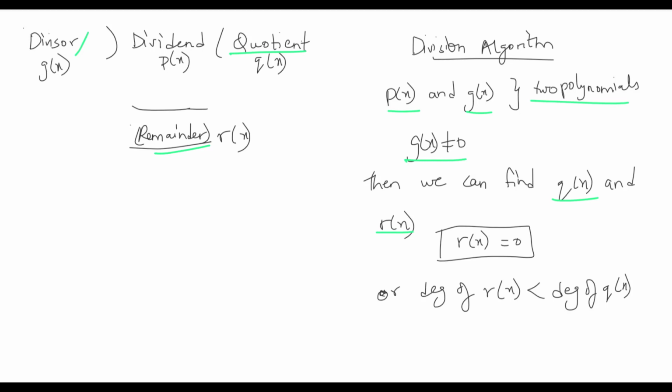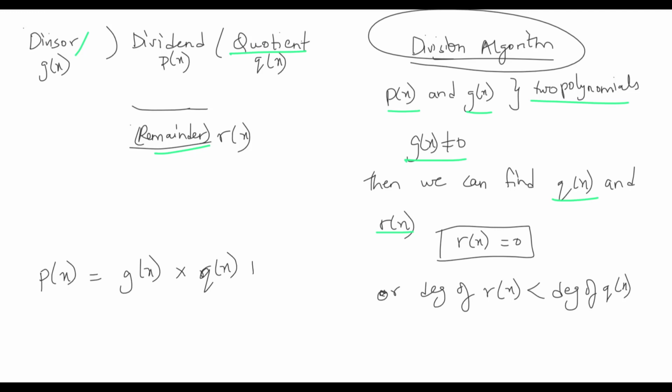The same thing applies in polynomials, so the division algorithm result would be p of x is equal to g of x into q of x plus r of x.